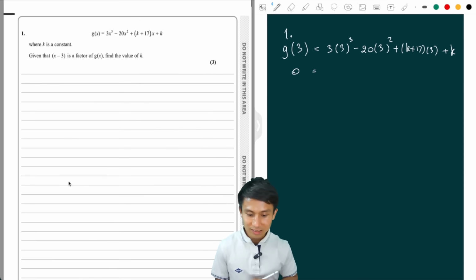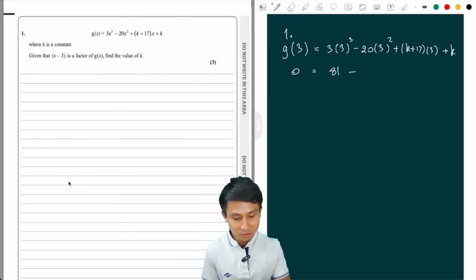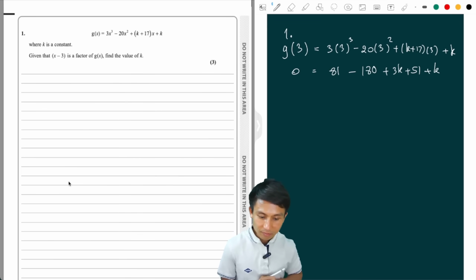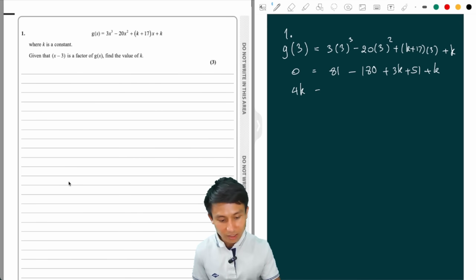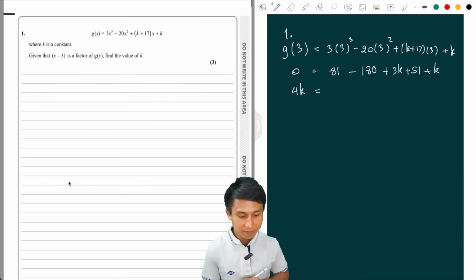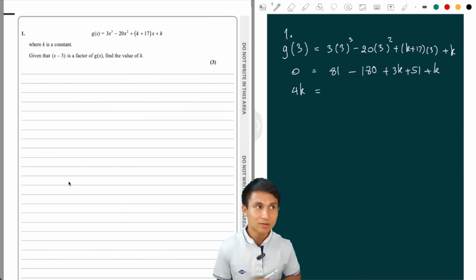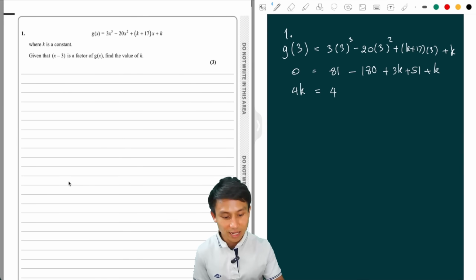So 27 times 3 is 81, minus 9 times 20, which is 180, plus 3k plus 51, expanding all out. So I get 4k equals, with all the numbers there, 132 subtracted by 180, so that's 48.